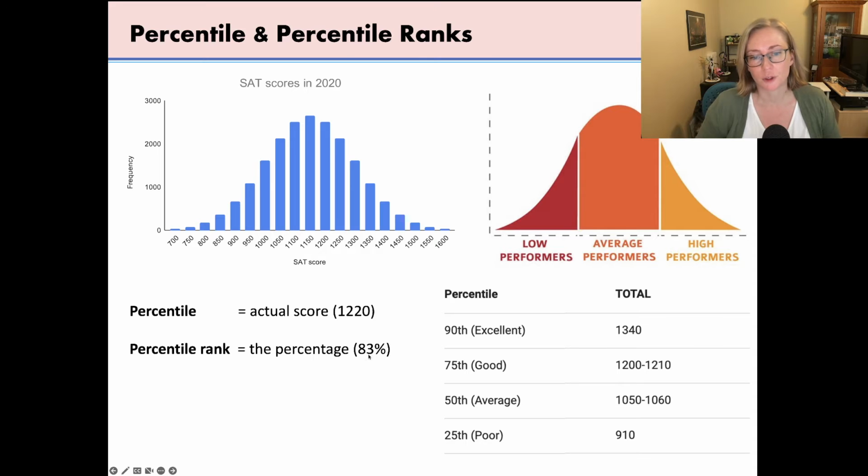So if you're at the 83rd percentile rank, that means you did better than 83% of the people in your group or your population, depending on how they calculated it. And then 17% had a better score than you, right? So I think we're all familiar with this, but just make sure that you know the difference between percentile, your actual score, and percentile rank.